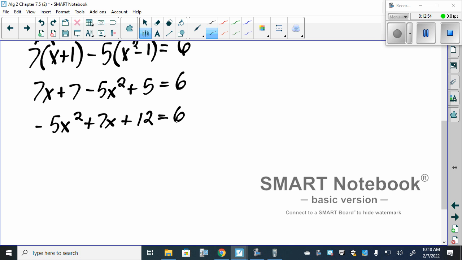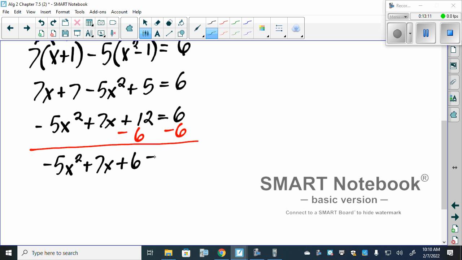So what would we need to do to get this equal to 0? We need to minus 6 from both sides. And if we subtract 6 from both sides, we get negative 5x squared plus 7x plus 6 is equal to 0.